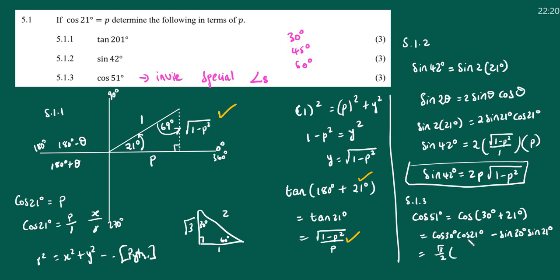Cos 21 is P. And then sine 30 is going to be 1 over 2. And then sine 21 degrees is going to be opposite over hypotenuse, the root of 1 minus P squared. Even if you don't simplify it and you leave it here, you get your full marks.